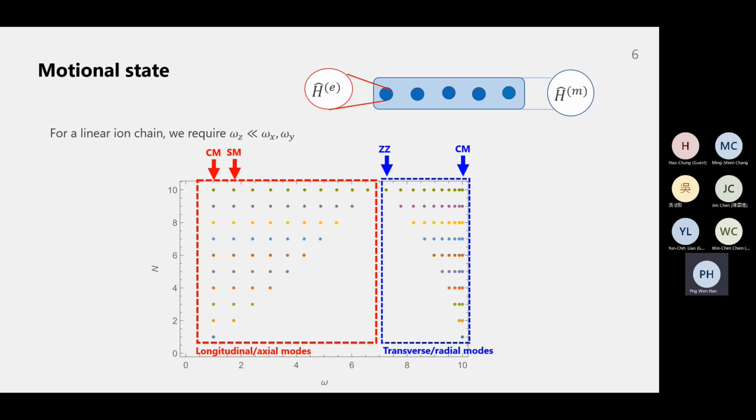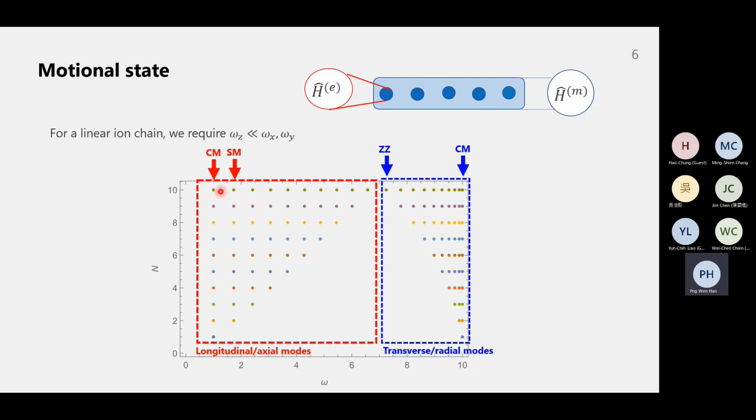What's the vertical axis n? The vertical one, all of this corresponds to the center of mass mode, but they correspond to different numbers of ions in the linear chain. You can read it horizontally.